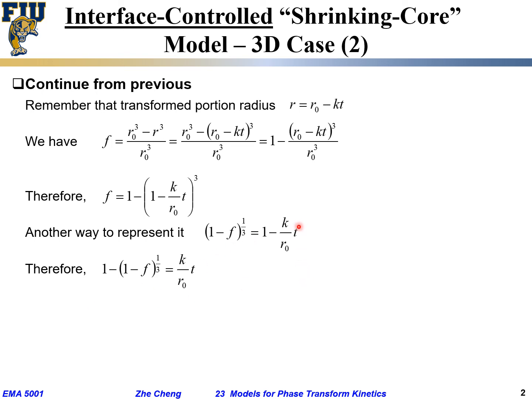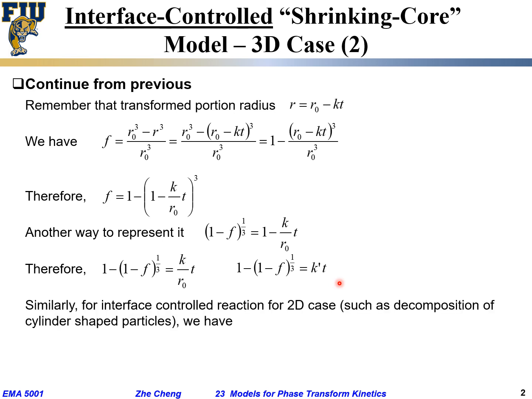Okay, and moving k over R0 t to the left side, we would have this relationship. Now, similarly, this relates the fraction of conversion and a constant times t. And if we define k over R0 as k prime, this is another form to write the kinetic equation. This is for the three-dimensional case.